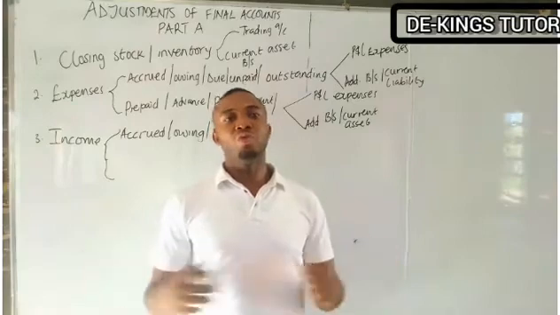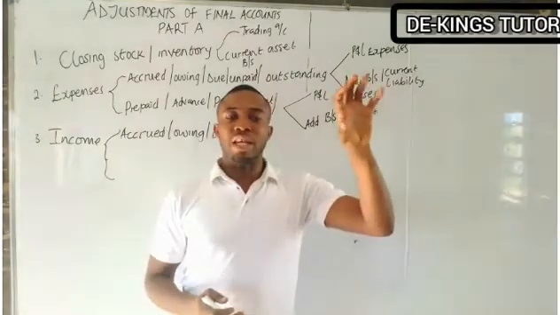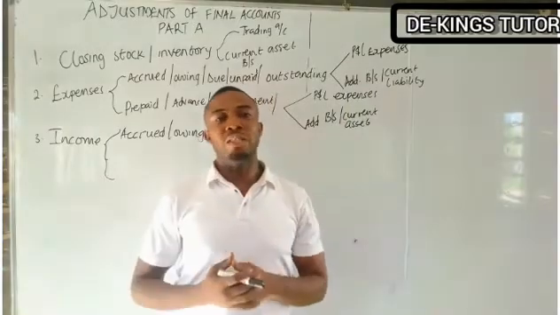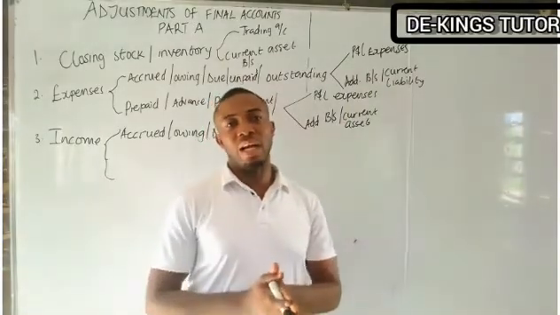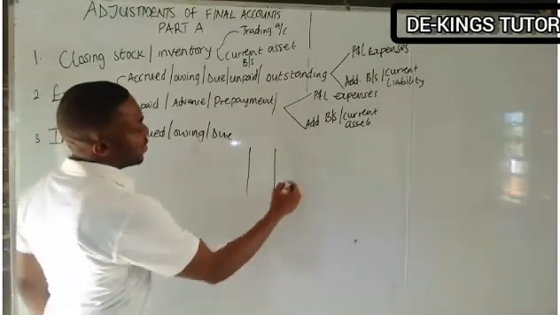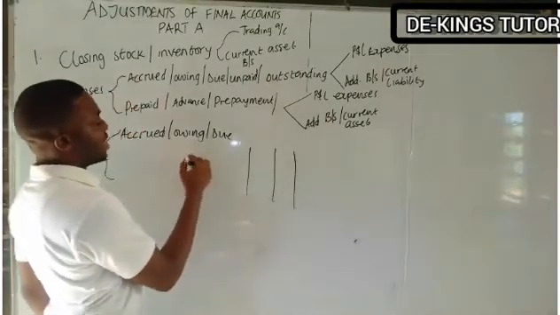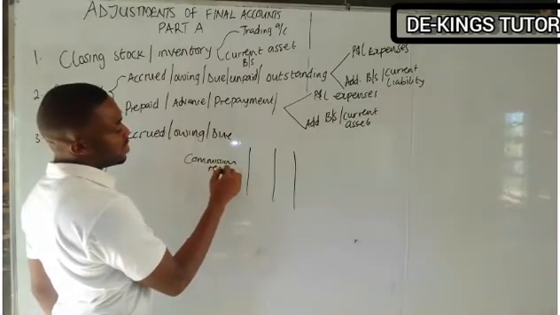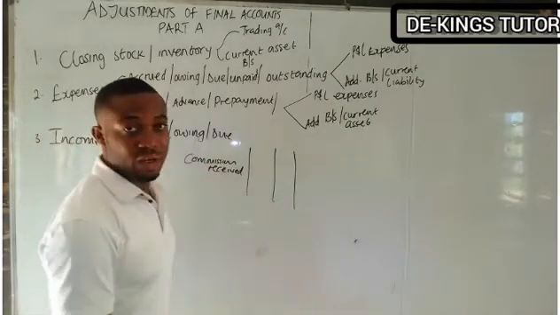Okay, so what do we do to accrued income? You check the income in the trial balance if it is there. Now, the one in the additional information, you add it together. For instance, if we have a trial balance and they said commission received. Commission received is an income.